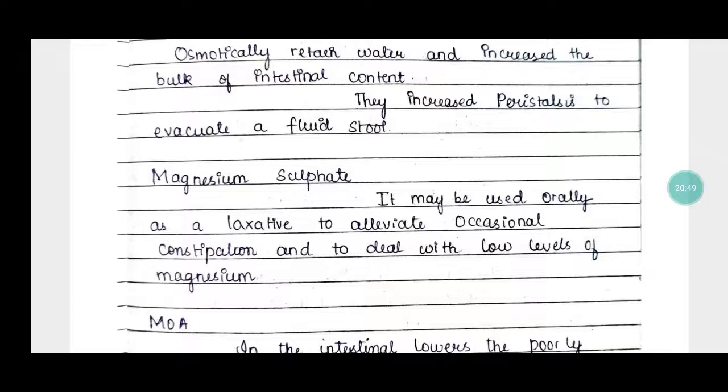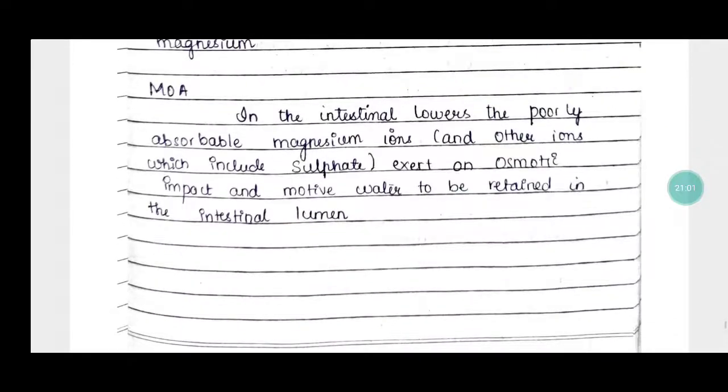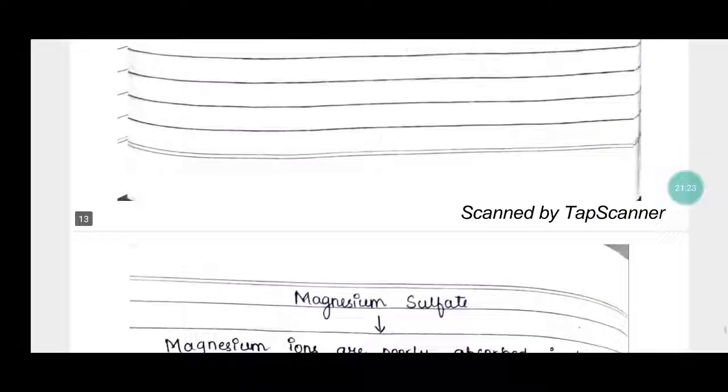Magnesium sulfate may be used orally as a laxative to alleviate occasional constipation and deal with low levels of magnesium. As for the mechanism of action, in the intestine poorly absorbable magnesium ions and other ions, which include sulfate, exert an osmotic impact and cause water to be retained in the intestinal lumen.